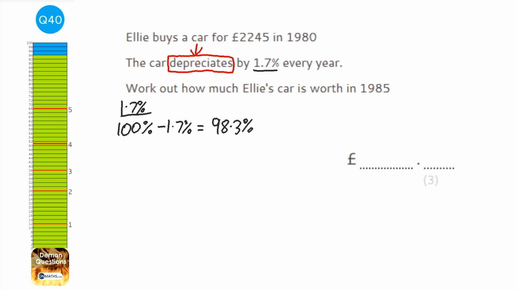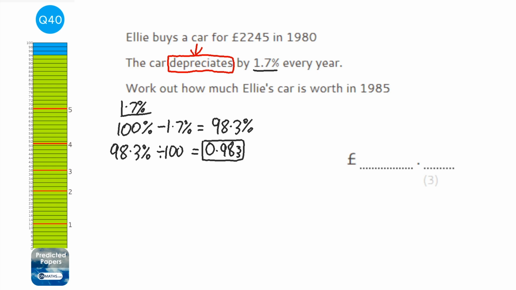Then you want to work it out as a multiplier. So you're going to do 98.3%. You just divide it by 100. And multiplier is a posh way of saying decimal. So 0.983. Now, anytime I times something by 0.983, it will decrease it by 1.7%.